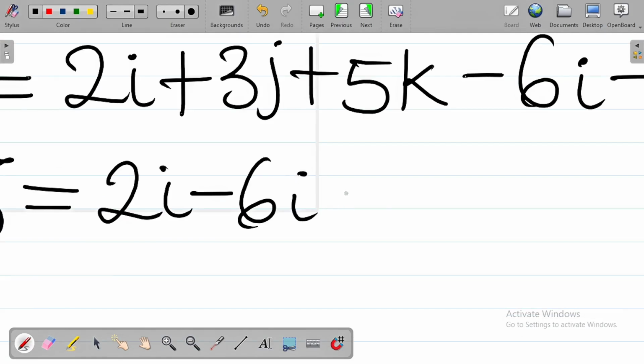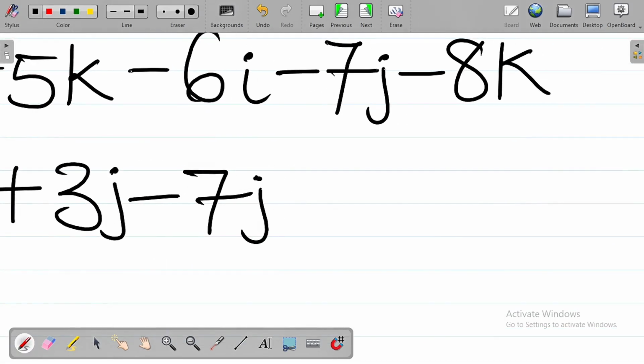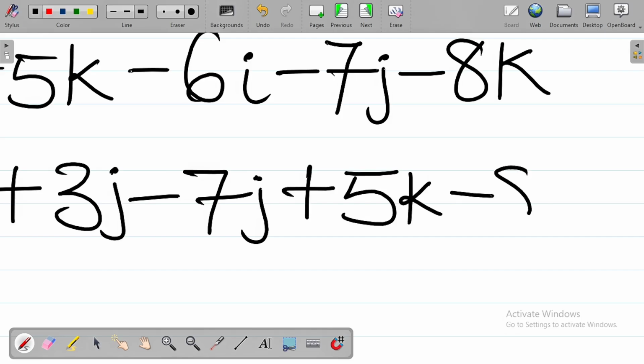Let's move over to j. So we have positive 3j minus 7j. Let's move over to k. We have positive 5k minus 8k.